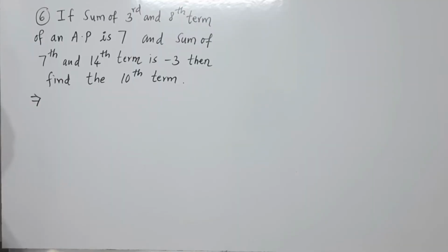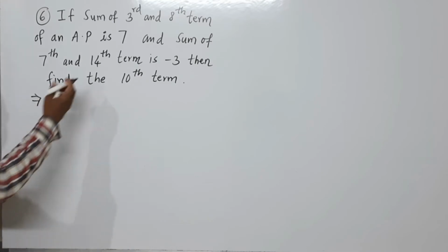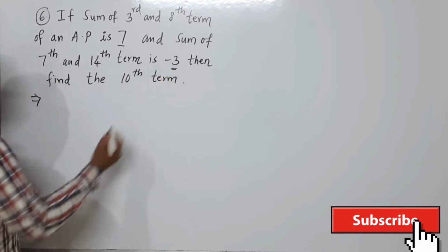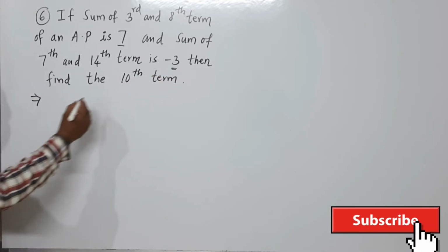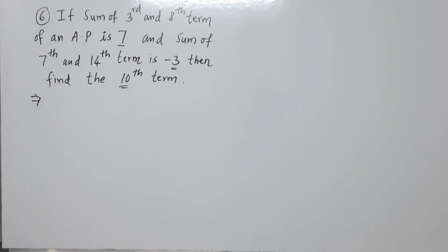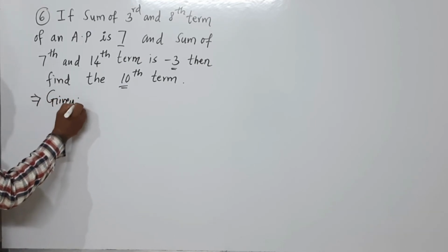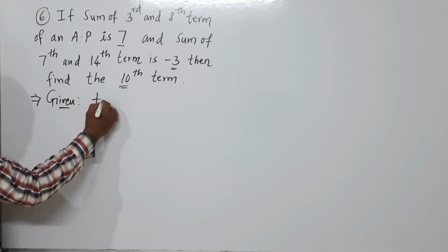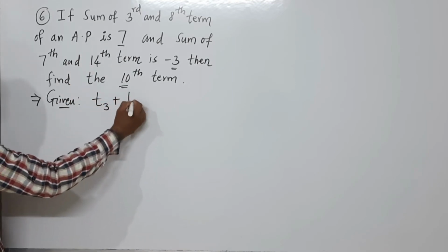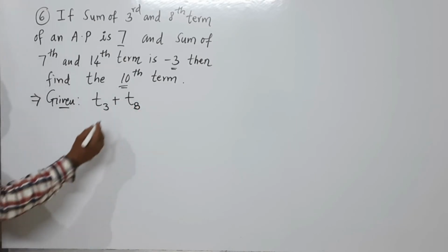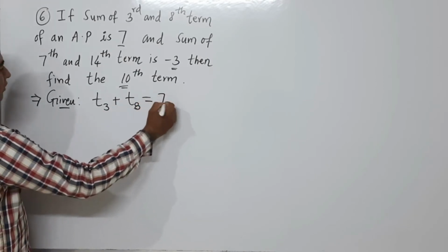Example: if the sum of the third term and eighth term of an AP is 7 and the sum of the 7th term and 14th term of an arithmetic progression is minus 3, then find the 10th term of the arithmetic progression. So here, the first thing given is the sum of the third term and 8th term, T3 plus T8, is equal to 7.